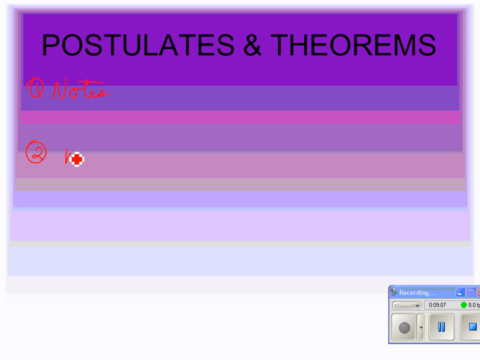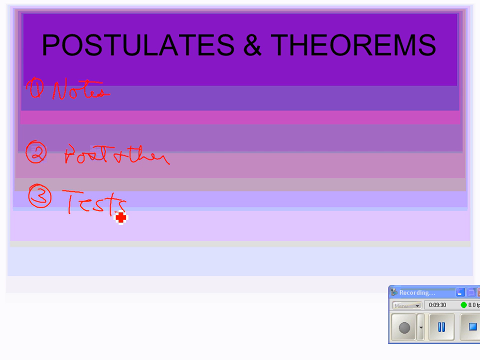Section 2, postulates and theorems. Third section is going to be your tests and quizzes. That way, if I ever allow you to use your binders on a test, you can't use this third section. So it would make it easy to take out.